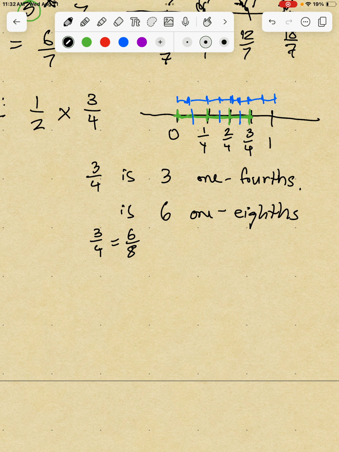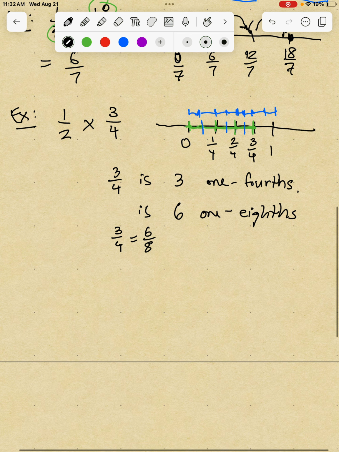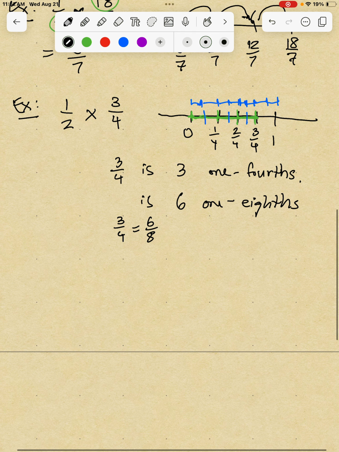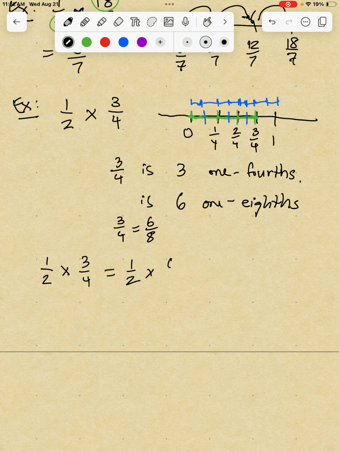This is something that we've gone over, so hopefully you understand. But now, the good thing about this is, why do we want to write this as 1/2 times 6/8? Because 6 gets divided by 2 evenly. If I have 1/2 times 6/8, what do I get?